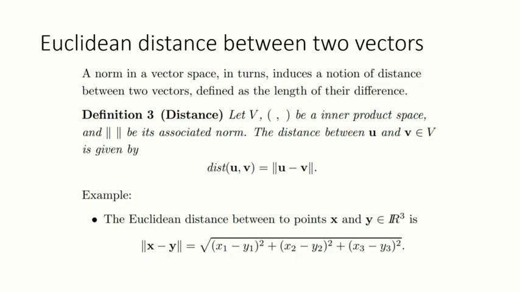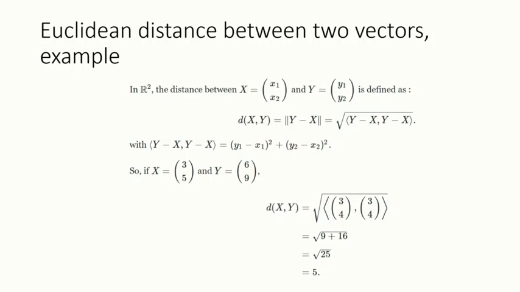Okay, the Euclidean distance between vectors. This is easy to compute. You just take a norm: you take data point 1 minus 2 and take its norm. That's the distance between 2 points. This is an example.